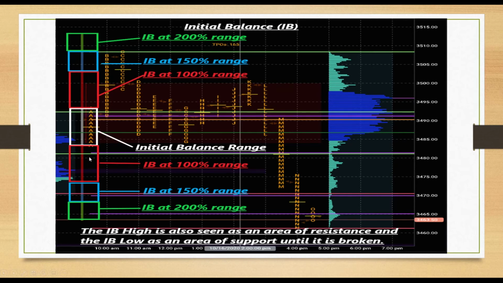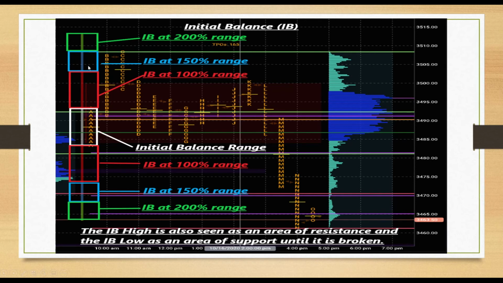As you can see, B got to the 150% range and almost got into the 200% range. So if you were long when B printed, you got like 150%, which is pretty good because that's just below 95, and you got out.